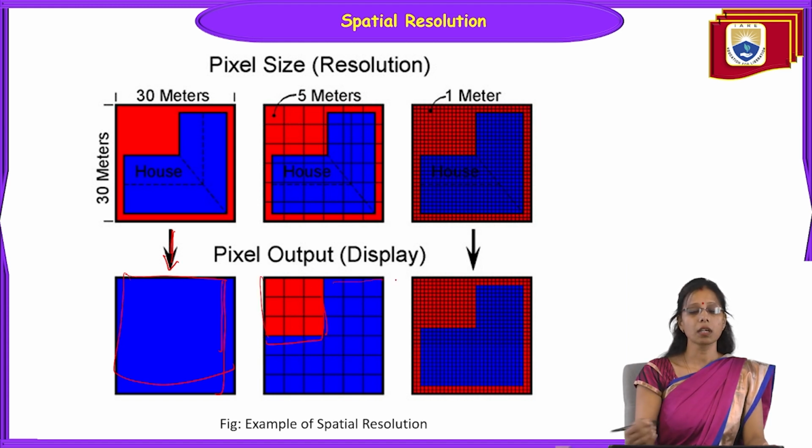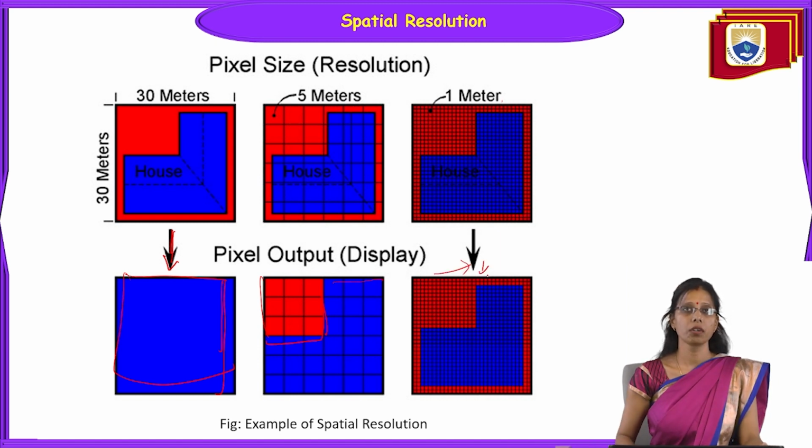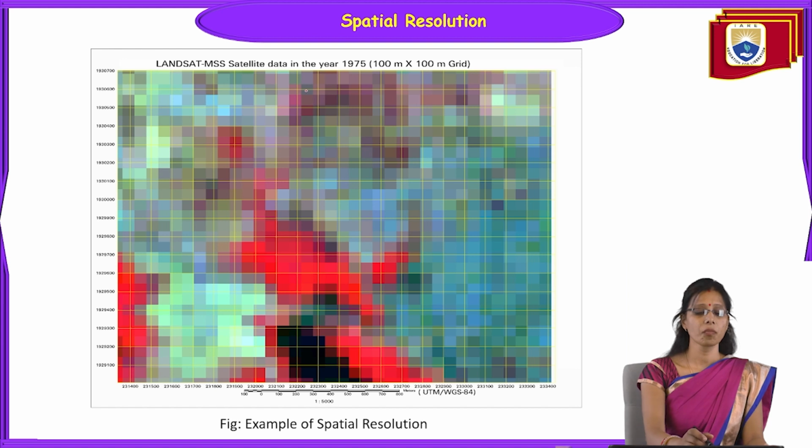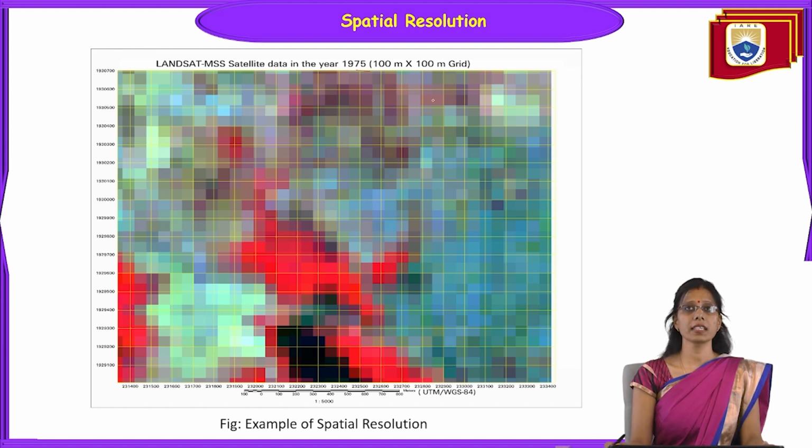That means somewhat we are able to identify there are some details present here. Now if you talk about 1 meter, total details same as it is, it will be showing as a display in this output.